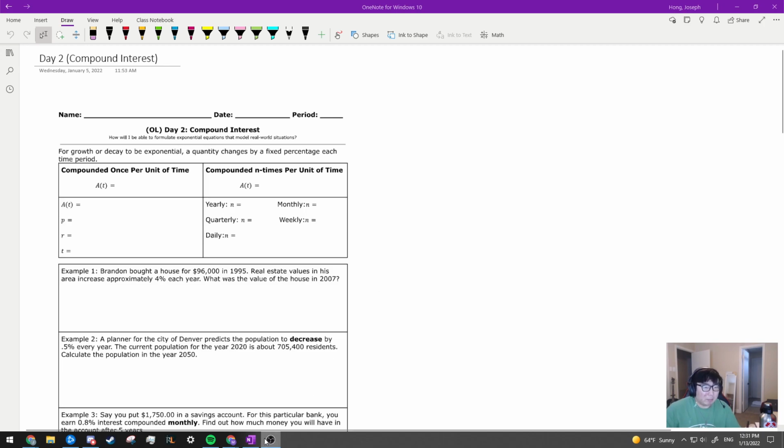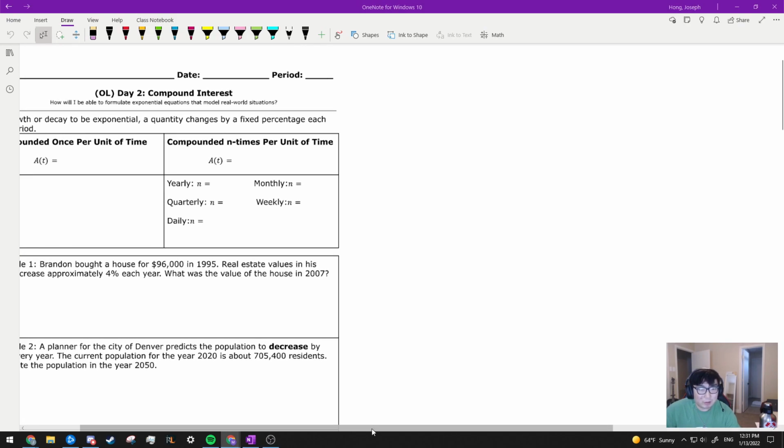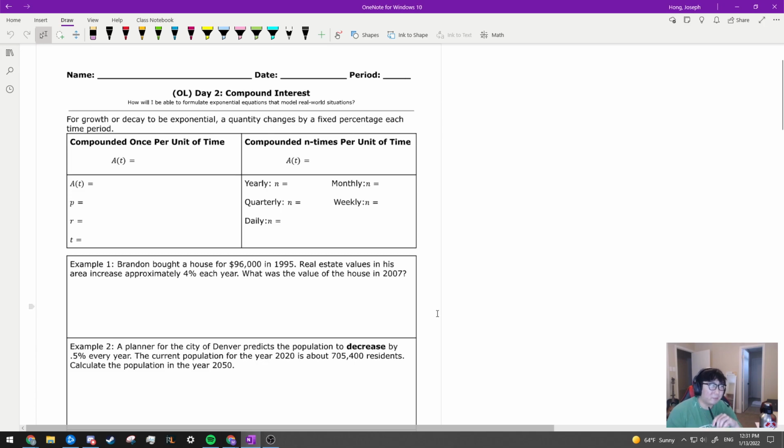So it's applicable for our class today because we have an equation that people use in real life to calculate a lot of things, for example my investments, which maybe I'll show you guys later.